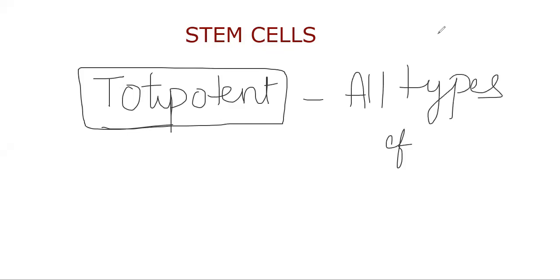So totipotent stem cell. What is totipotent? The cells which can produce all types of cells, we can say totipotent cells. So where do you find totipotent stem cells in our body? In our body, the question is wrong. We can't find these kind of totipotent cells here.